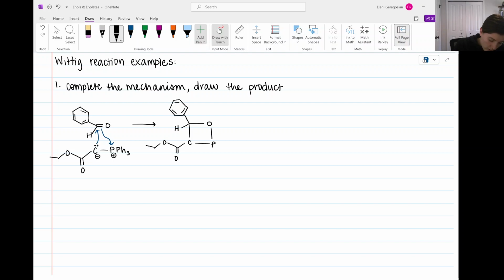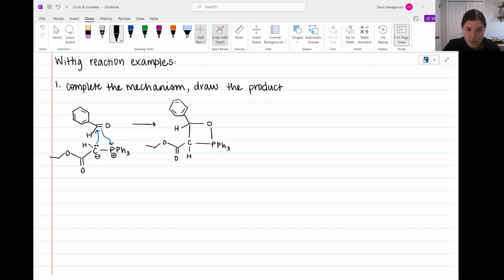And we didn't show, but it is also bonded to a hydrogen. That's still present, just wasn't shown in the starting material, but I'll add it in there. And then the phosphorus is bonded to the 3 phenyl rings, so PPh3.